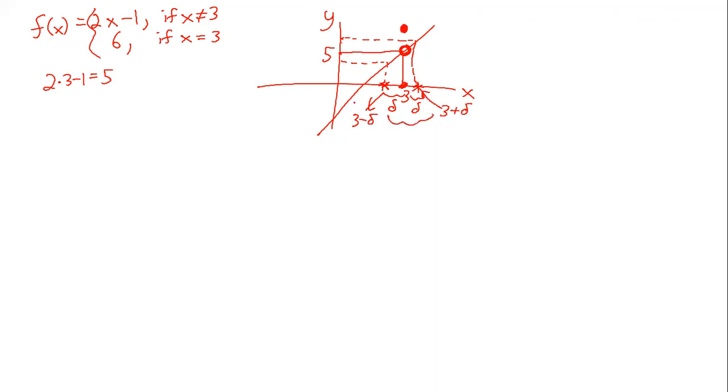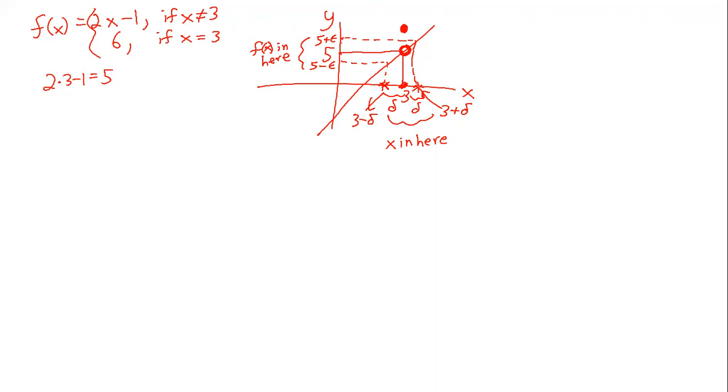So we're saying that we are going to have our x in here. So when x is between 3 minus delta and 3 plus delta, then up here, we have 5 plus epsilon and 5 minus epsilon. So when x is in this range, then f of x is in this range. And so that's the idea about that.